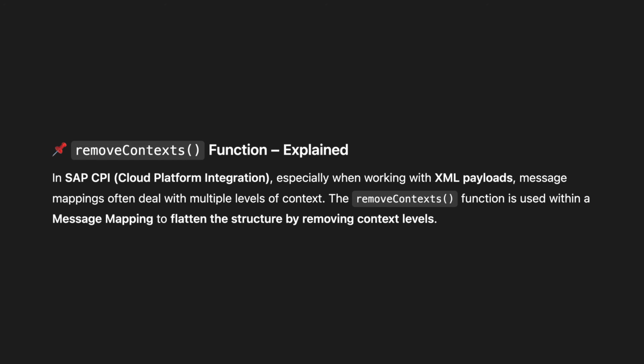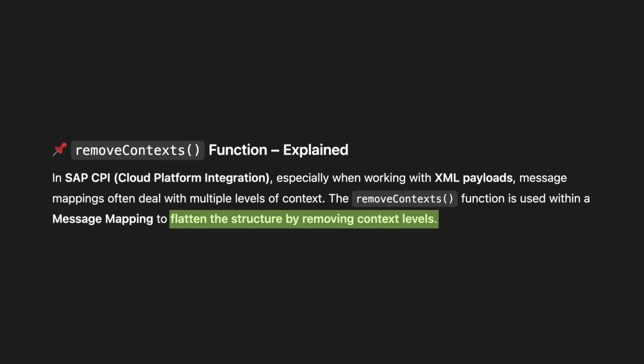In this video, I'm going to talk about a very important SAP CPI node function, which is removeContexts. In SAP CPI, especially when you're working with XML payloads, message mappings often deal with multiple contexts, which means when you're receiving an inbound message in XML format, it can have multiple contexts in the given XML.